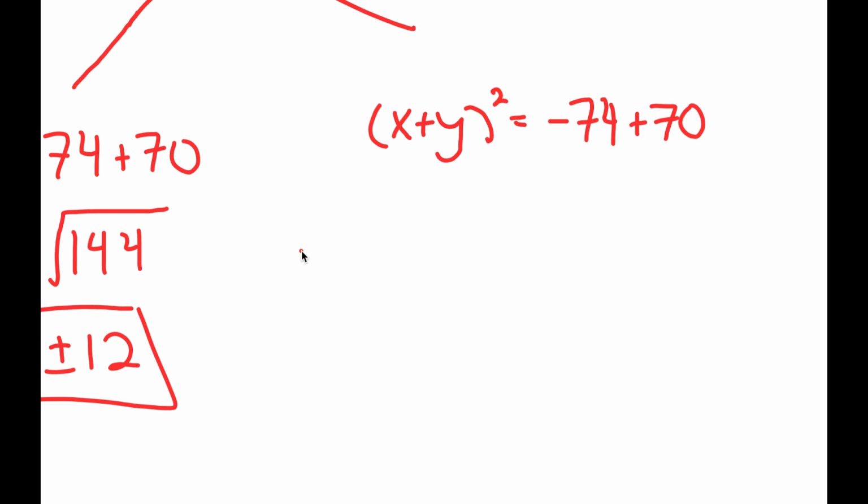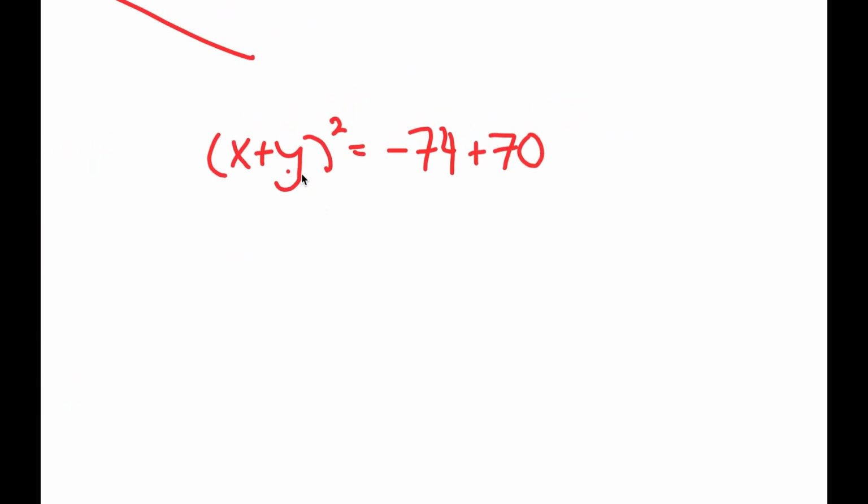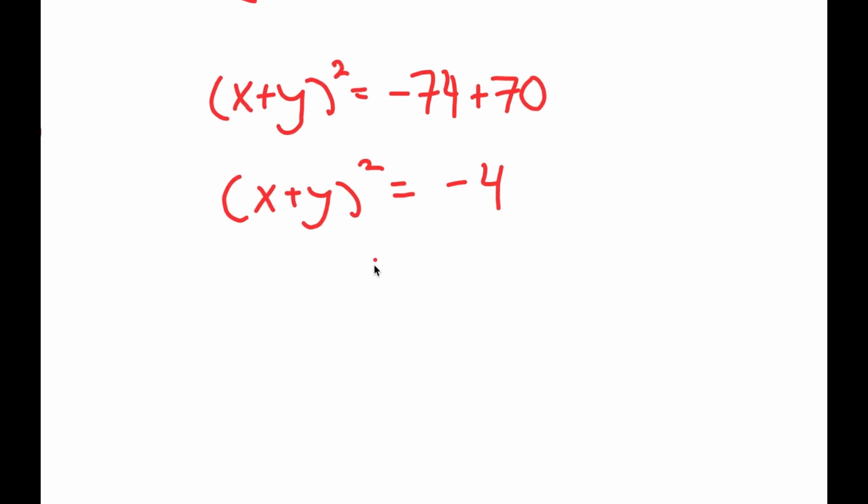And now from here, for x plus y squared is equal to negative 74 plus 70, to solve this turns into x plus y squared is equal to negative 4. And now I'm going to take the square root of both sides.